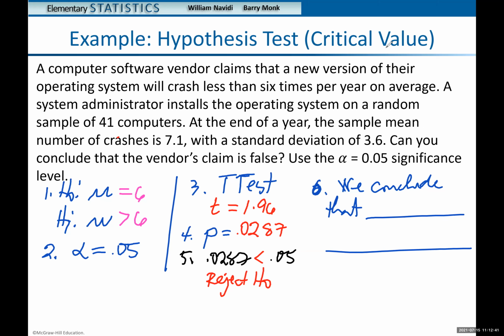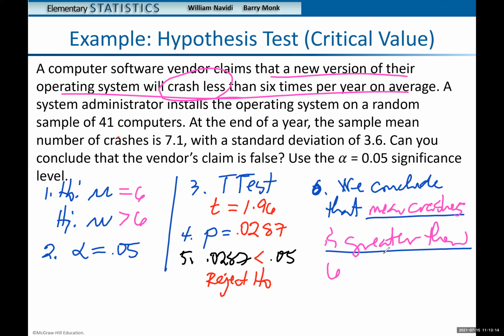Yes. Is it also correct if you say that we conclude that the vendor's claim is false? But what is the vendor's claim? That it would be less than 6 times per year. So yes, you have to mention the crashes. Look at your H1, it is greater than, so that's why you have to use greater than 6 times per year. Okay.